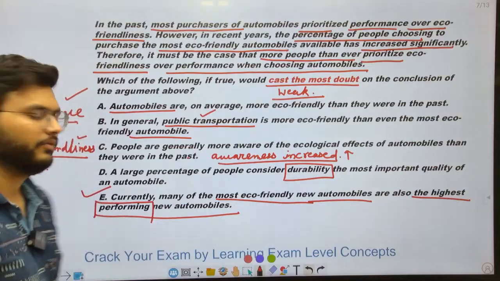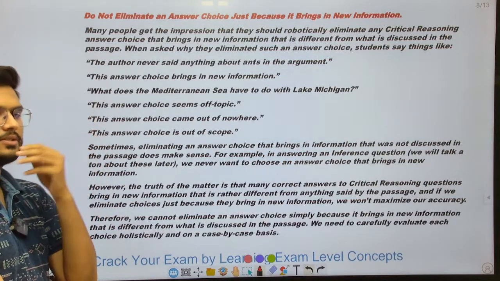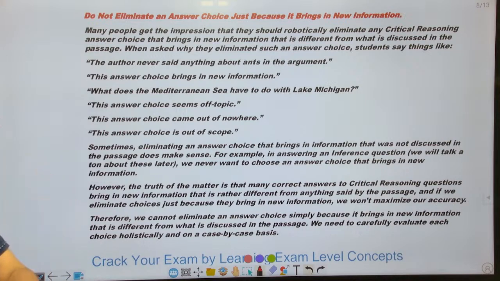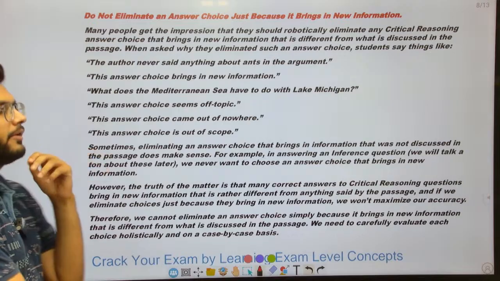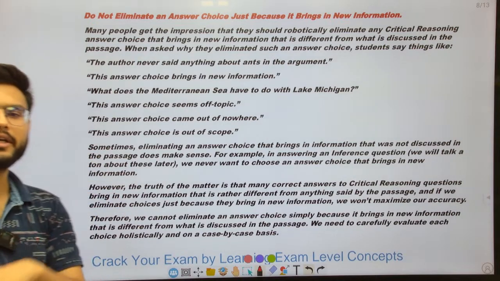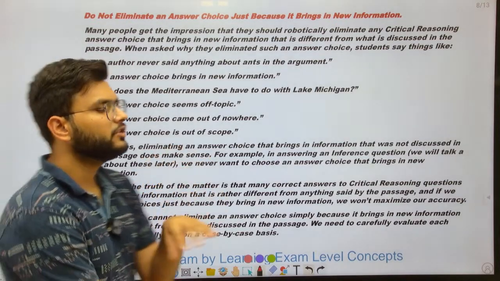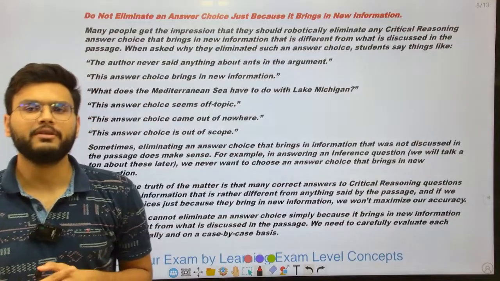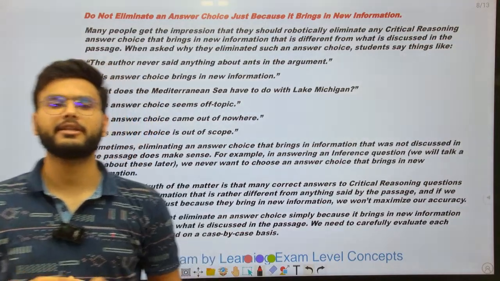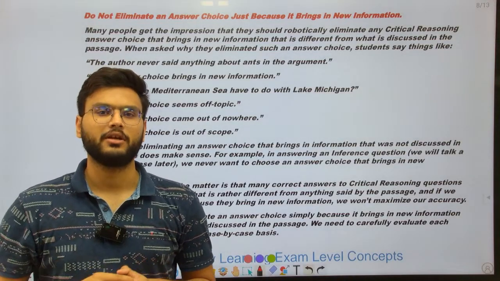Now we have one more question. Now we have some information. Let's see. This is very important. This idea is really very important when you are doing critical reasoning, because most students, whenever they see new information in an option choice, completely eliminate it without understanding its logical implication.